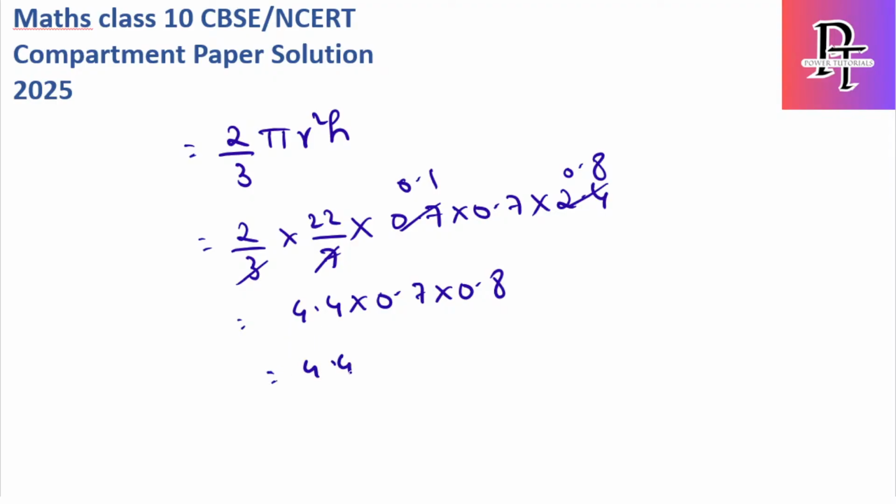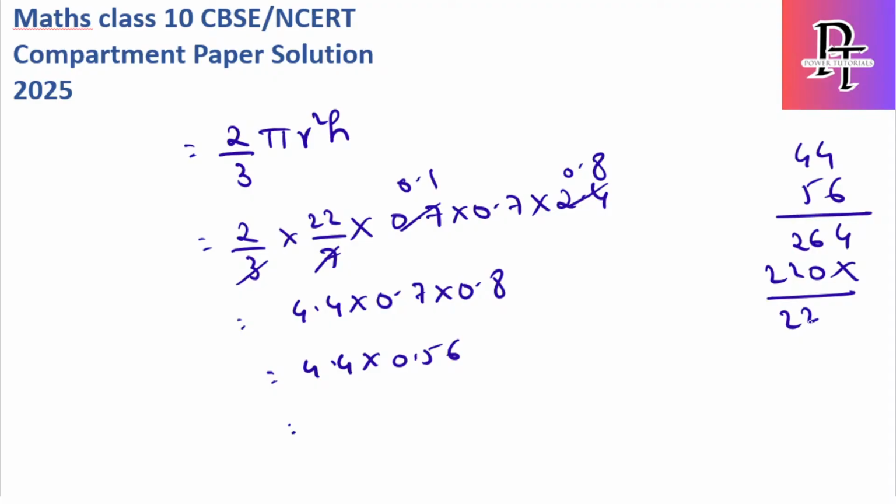So 4.4 into 0.56. Let's multiply 4.4 and 0.56: 44 and 56 I will do, and then I will do the decimals. 6 4s are 24, 5 4s are 20, 22. So it will become 2464. And how many decimal digits? 1, 2, 3. So it is 2.464 centimeter cube is the volume of the remaining part.